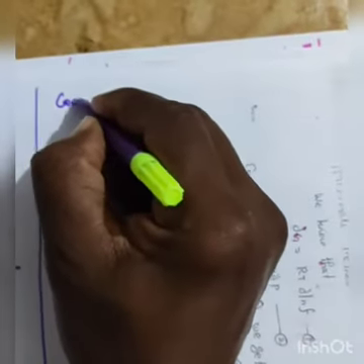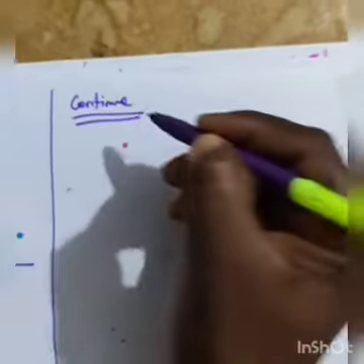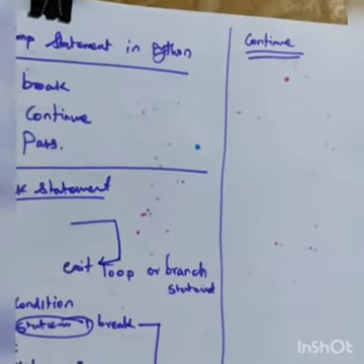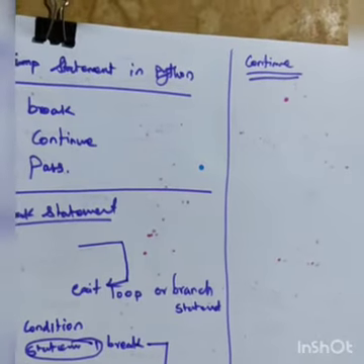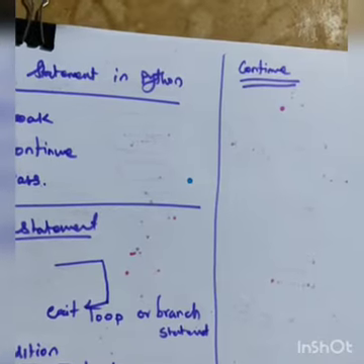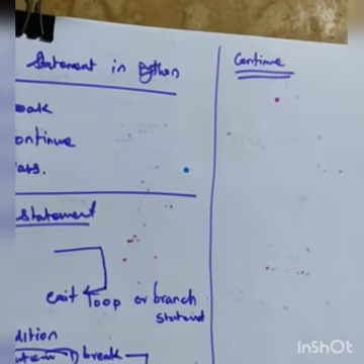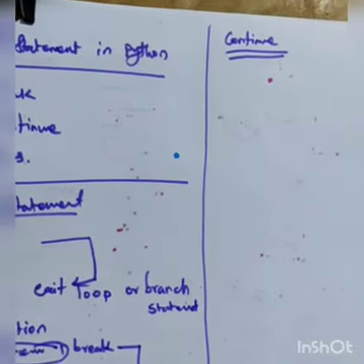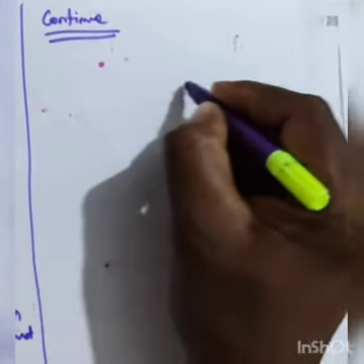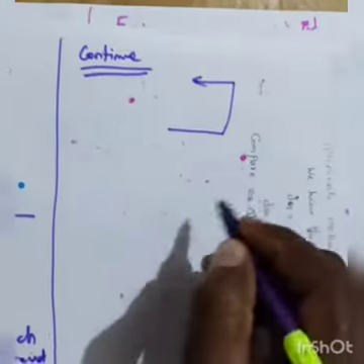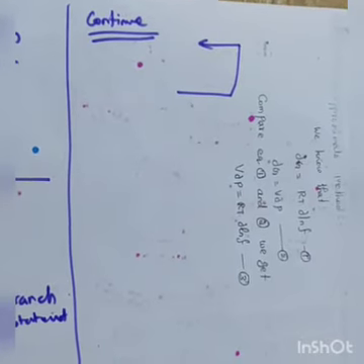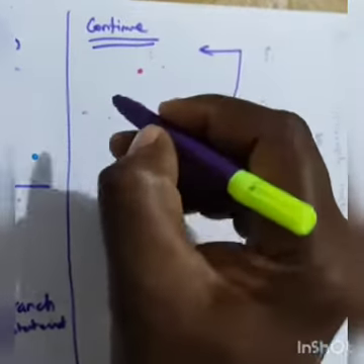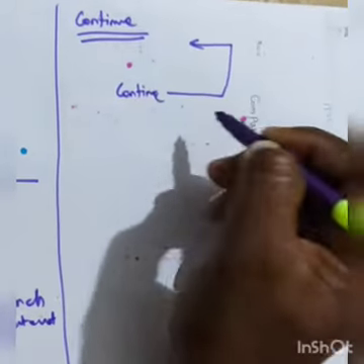Next, the continue statement. Continue means you can continue the loops. How to continue? The continue statement, unlike the break statement, is used to skip the remaining part of the loop, and the next iteration will start. When the interpreter sees the continue word, it goes to the next iteration, whether it is a loop or branching.